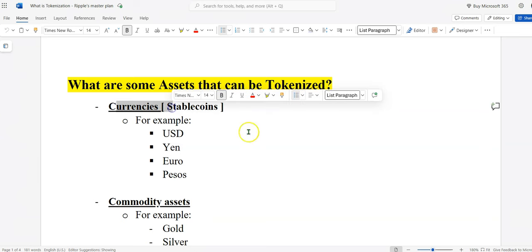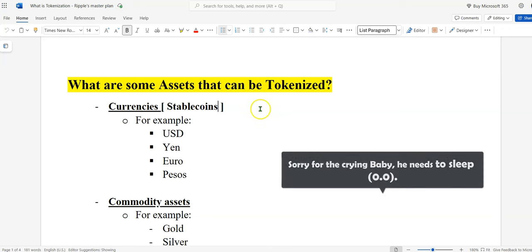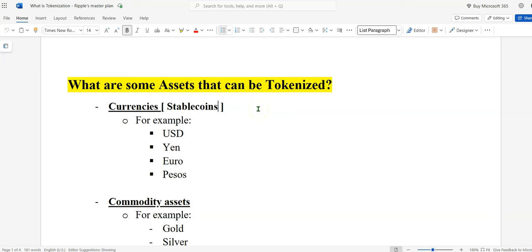You got currencies. So think about stable coins. We know that Ripple just took out the RLUSD, which is backed by the US dollar. So if you have $1, then it's going to be linked to that RLUSD. That's how the stable coin works. It's 1-to-1.